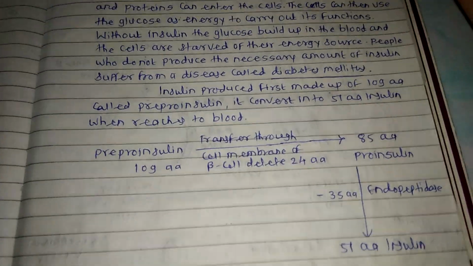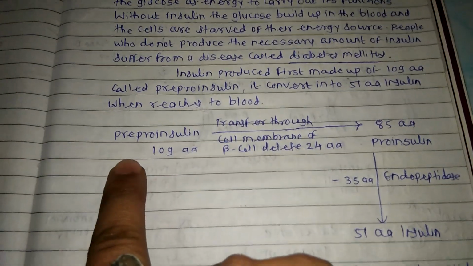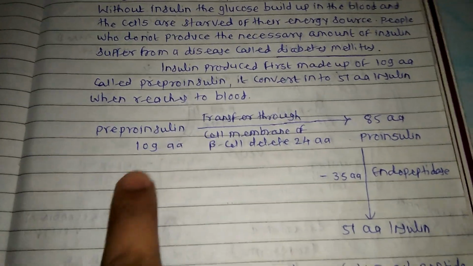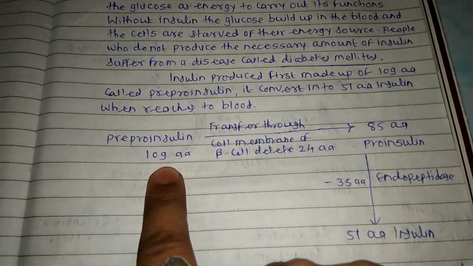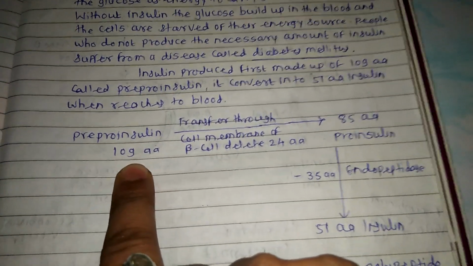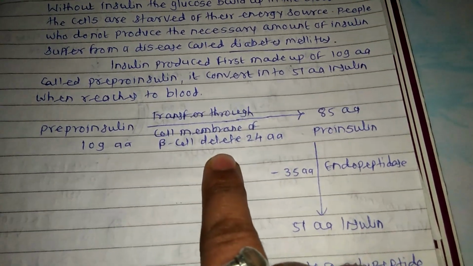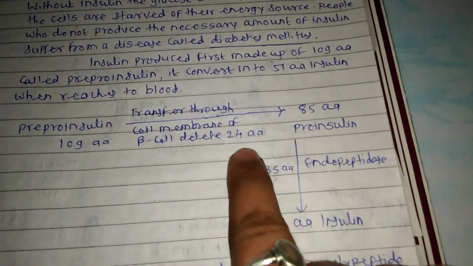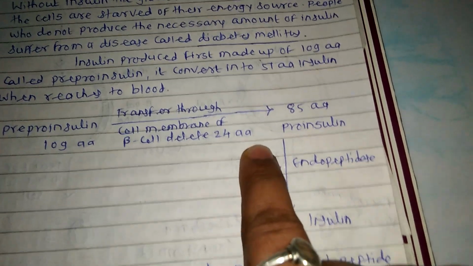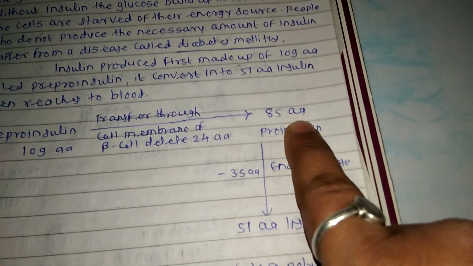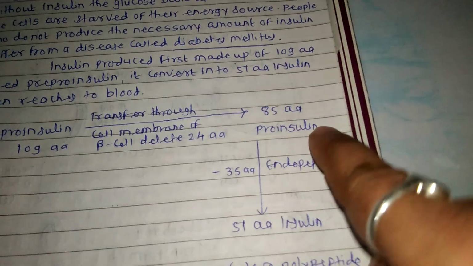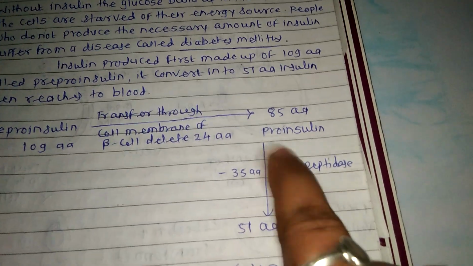First, I said that there is pre-pro insulin. This pre-pro insulin, which is initially made up of 109 amino acids, when transferred through the cell membrane of beta cells, the first 24 amino acids are deleted, and 85 amino acids remain. It is called proinsulin.